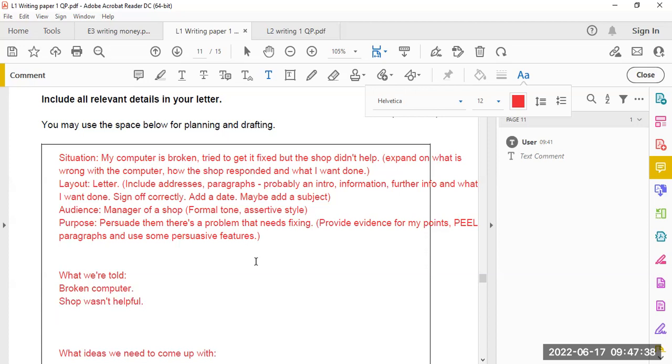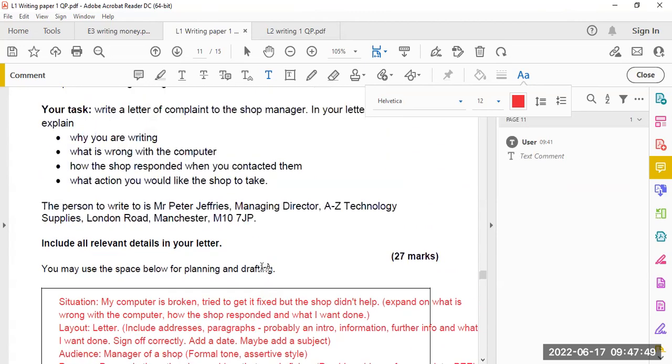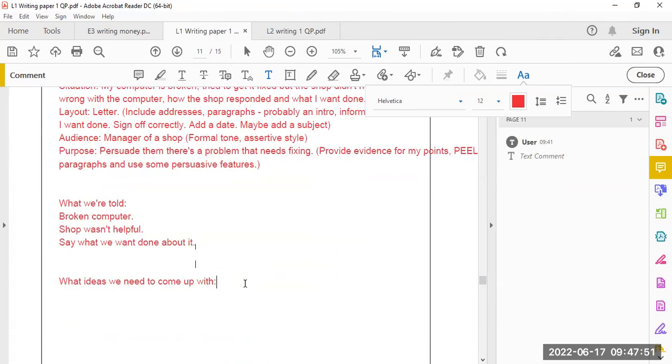We're also told that we need to say what we want done. Okay. Now, what ideas do we need to come up with? We could say, what is wrong with the computer?